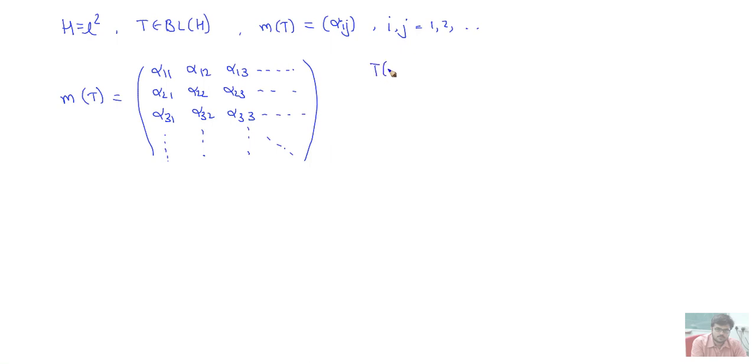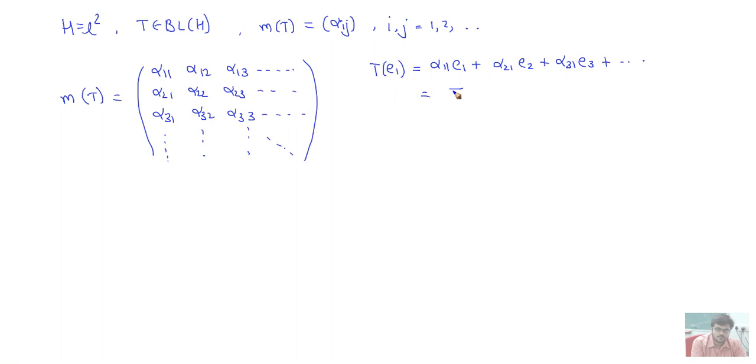So what is T of e1? When we write T of e1 in terms of the standard orthonormal basis, what we get is alpha 1 1 e1 plus alpha 2 1 e2 plus alpha 3 1 e3 plus and so on.